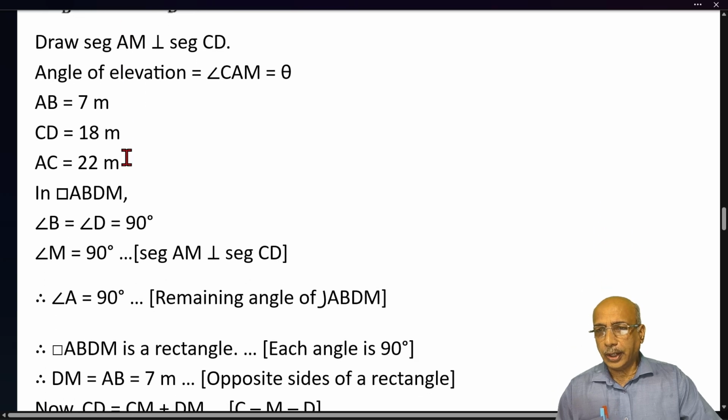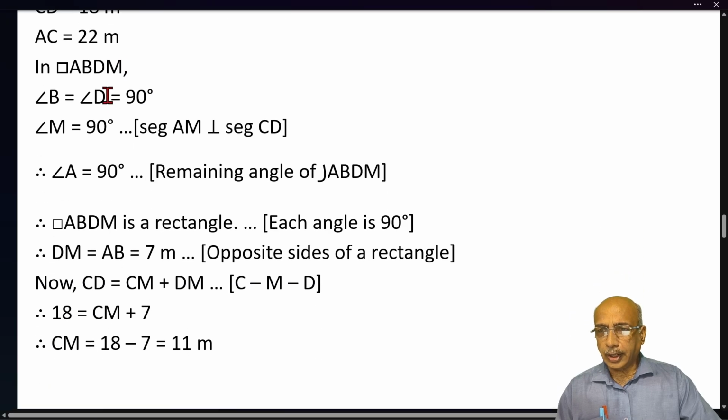So draw AM perpendicular to CD, angle of elevation CAM equals theta, AB equals 7 meter, height of the smaller pole, CD equals 18 meter, height of the bigger pole, AC equals 22 meter, length of the wire stretched.